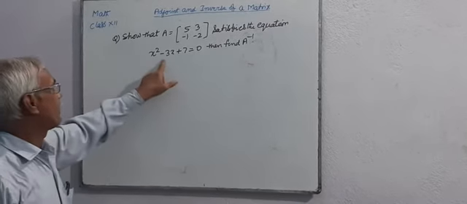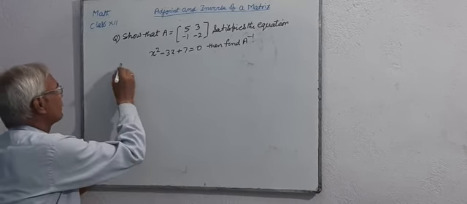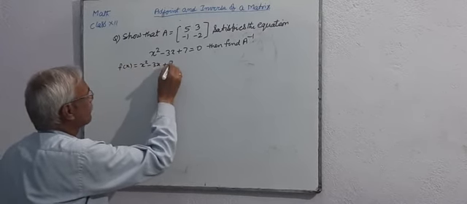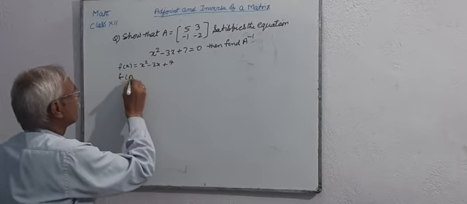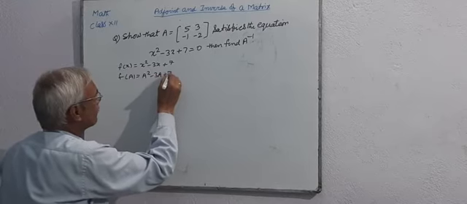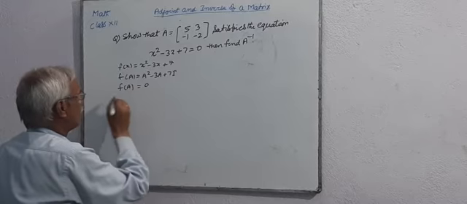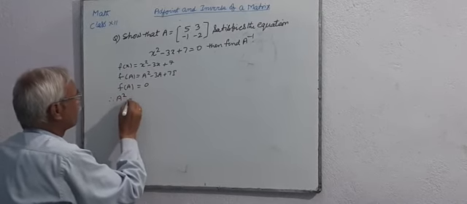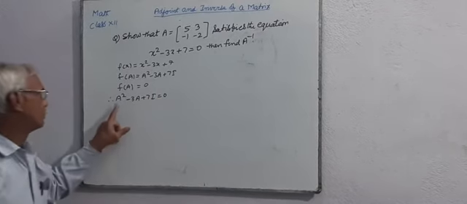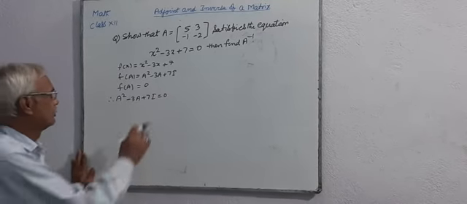First of all, we satisfy the equation f(x) equal to x square minus 3x plus 7. f(A) equal to A square minus 3A plus 7I. If f(A) equal to 0, that means A square minus 3A plus 7I equal to 0. First of all, we prove A square minus 3A plus 7I equal to 0.